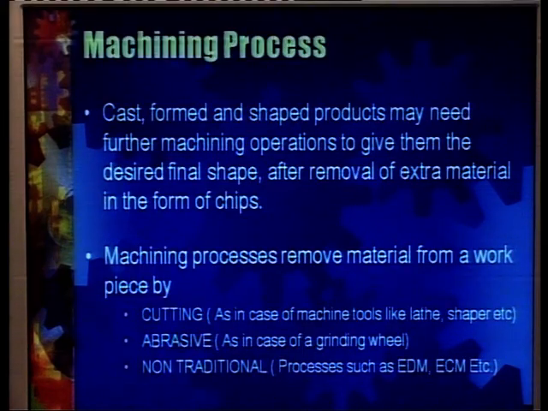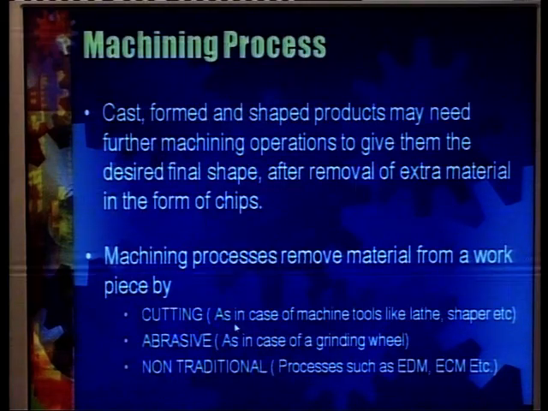In the machining process, we remove the material in the form of chips to give the piece its final shape. The machining processes remove material in the form of chips, as is written here. The chips may be cut by means of cutting, as in the case of machine tools, just like a lathe machine or shaper machine.